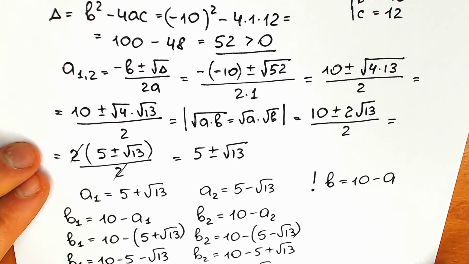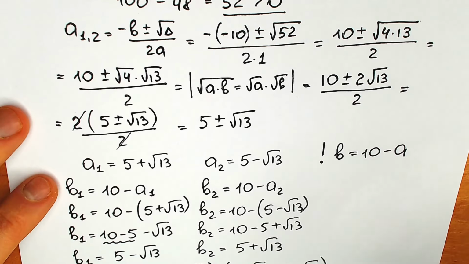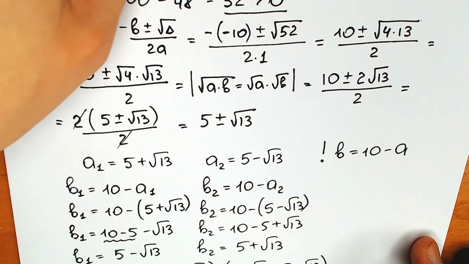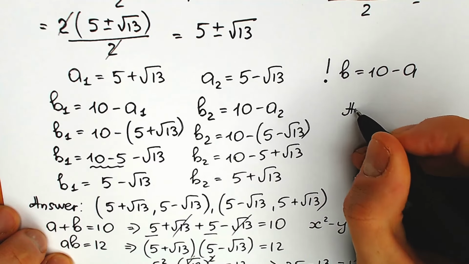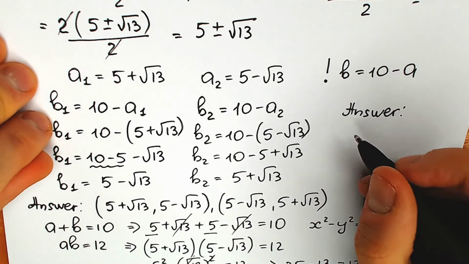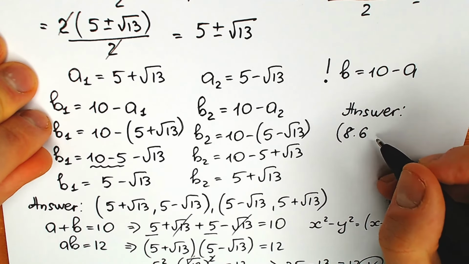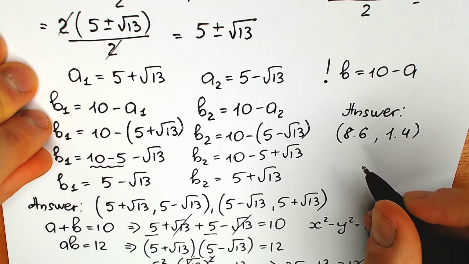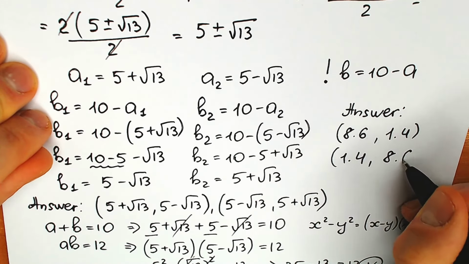And in the end, maybe if you're interested, this is like an alternate answer. I'm gonna write it right now, because 5 plus square root of 13. So let's do it right here. When you plug it into your calculator, you can see that this is equal to 8.6 and 1.4 if you're interested in a decimal answer, and 1.4 and 8.6.